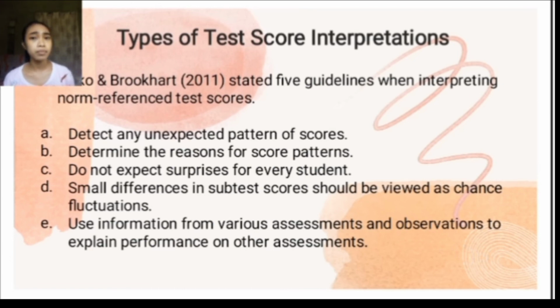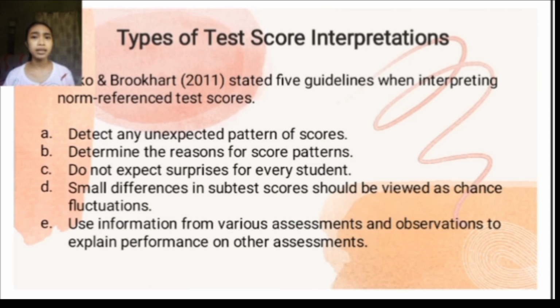There is a reason for underperforming in one or more subjects of the students. Next, do not expect surprise for every student. So, the teacher must know how each student is performing in his or her class. Next, small differences in subtest scores should be viewed as chance fluctuation.